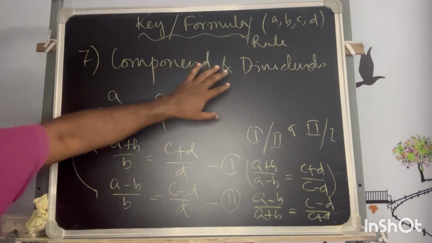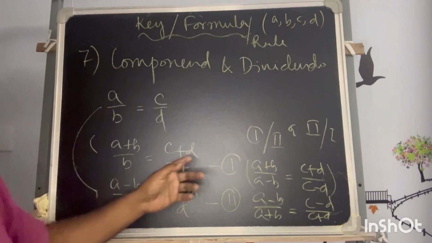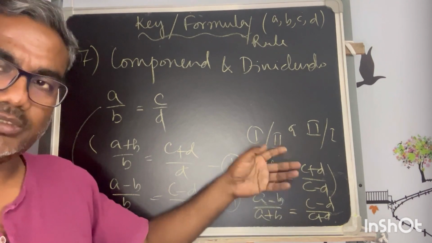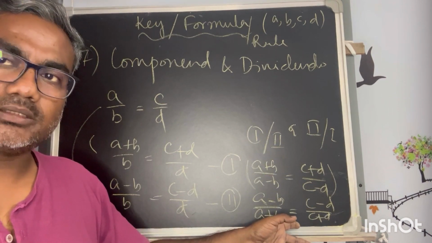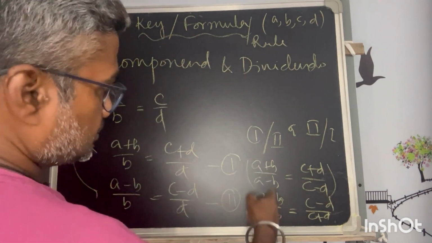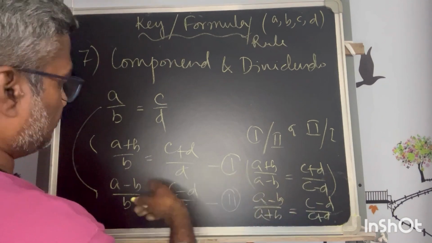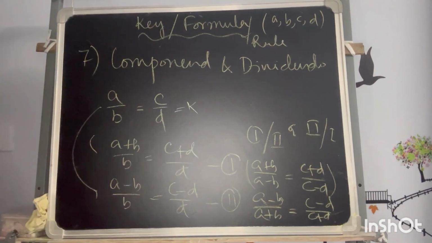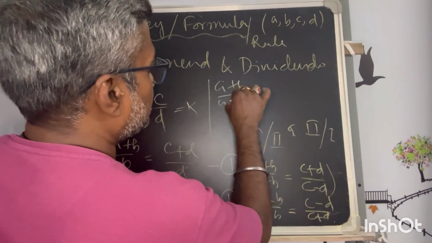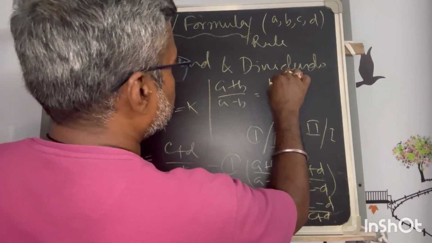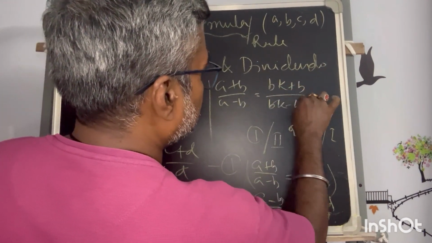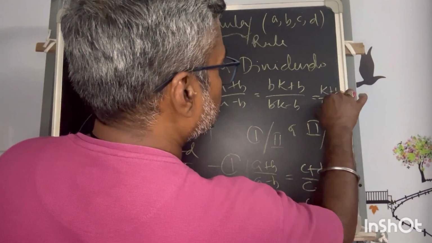So whether you apply componendo dividendo or dividendo componendo, you will get the result true, and if you invert any of them with invertendo, you will get either relation. So this is the complete thing. Now this can also be proved easily. Take a by b equal to k. Then a is equal to bk, so a plus b over a minus b is bk plus b over bk minus b, which ultimately becomes k plus 1 by k minus 1.